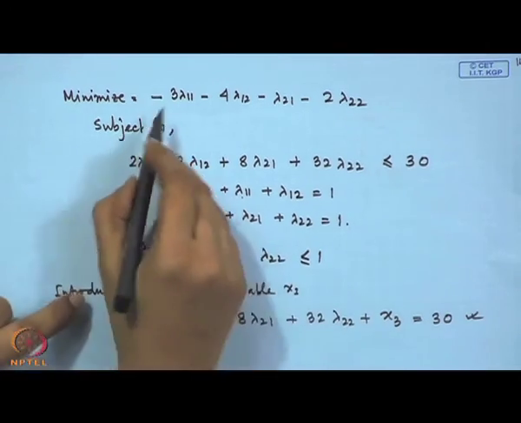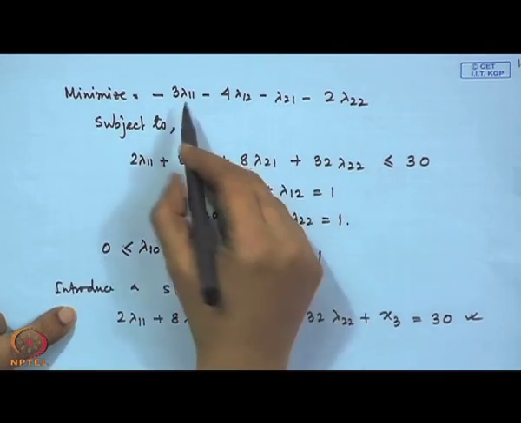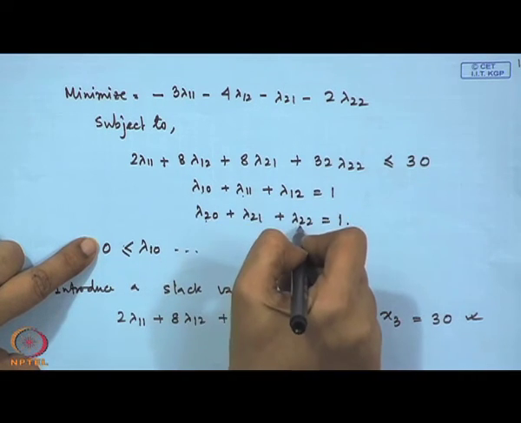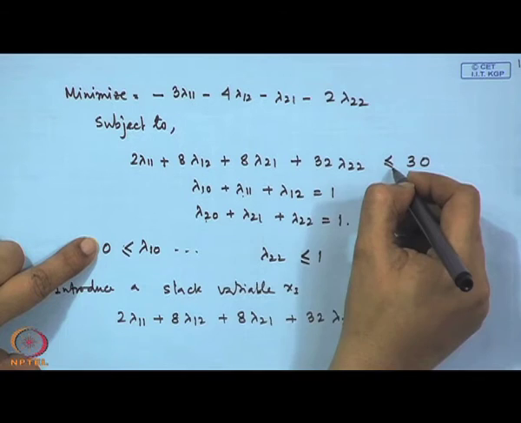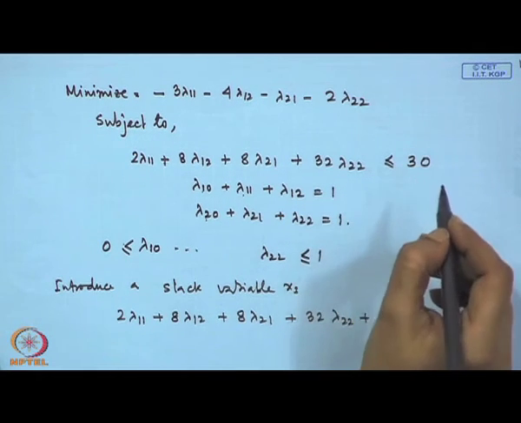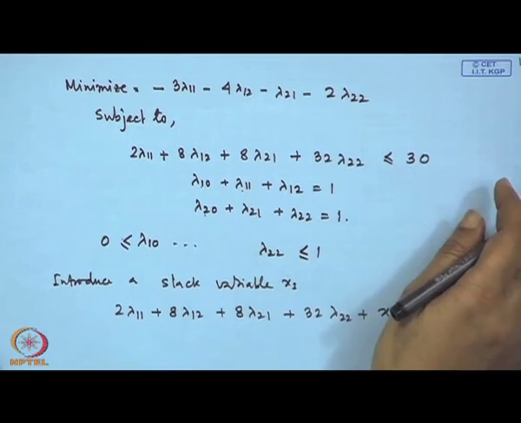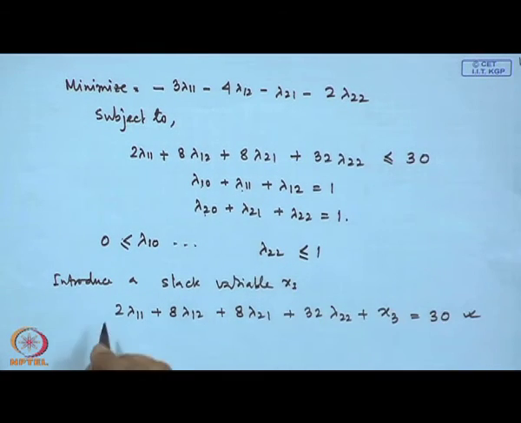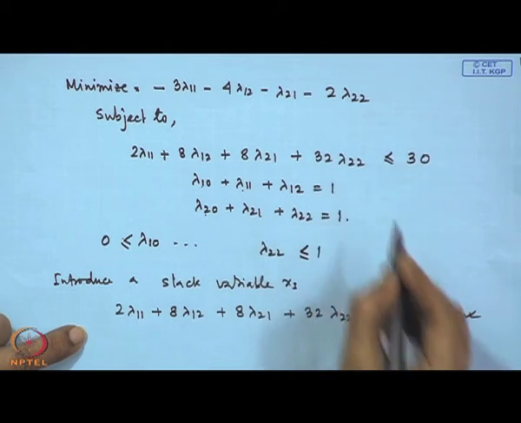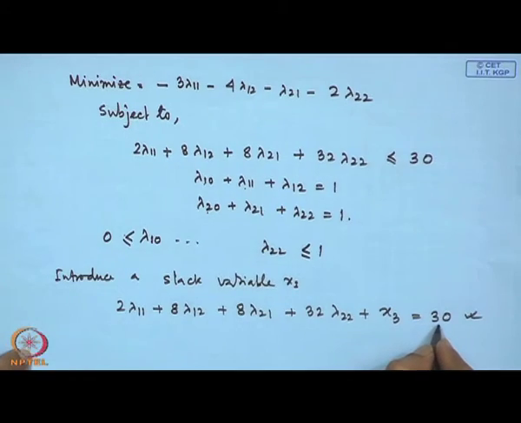Here we have 6 unknowns, lambda 10, lambda 11 and lambda 12 and so on. We have one inequation, and to make it an equation, because we want to apply the simplex algorithm, we introduce the slack variable x3 and we get the equation 2 lambda 11 plus 8 lambda 12 plus 8 lambda 21 plus 32 lambda 22 plus x3 is equal to 30.